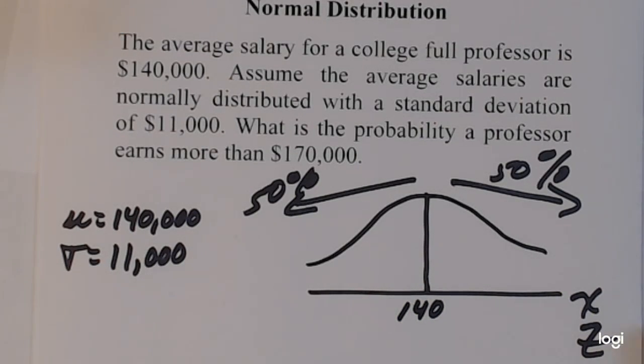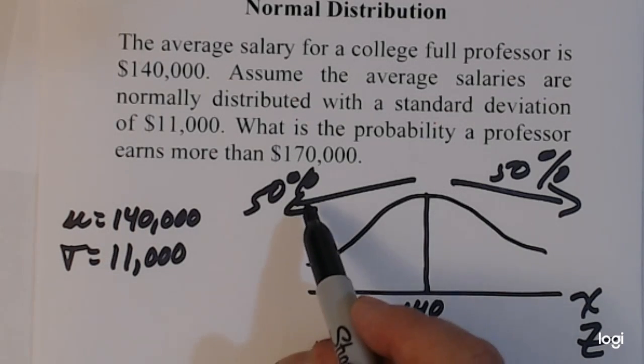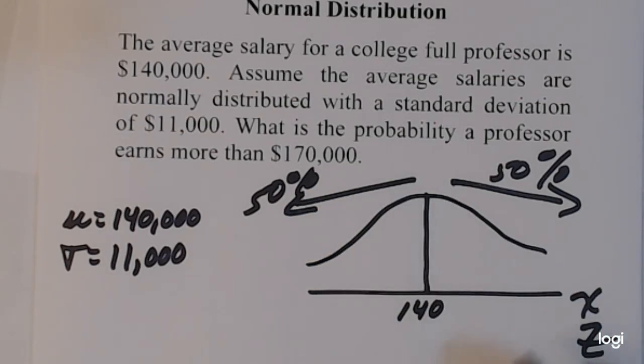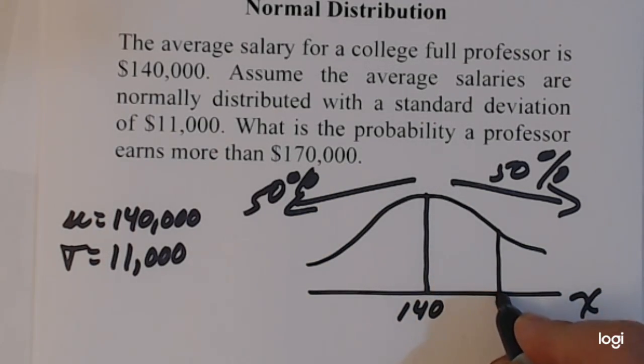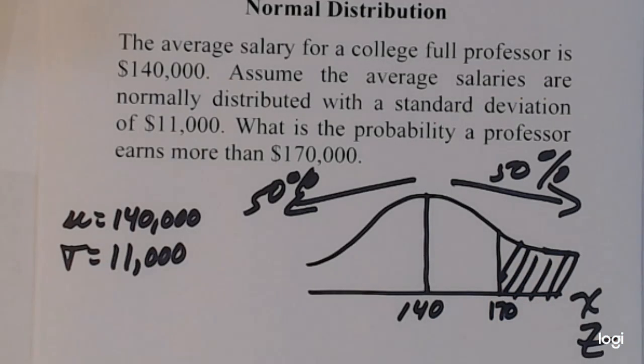I'll leave out the 3 zeros for clarity here, so I don't clutter it up. And here it wants to know the probability a professor earns more than 170,000. Drawing the picture is very important. It shows us exactly what we're doing.